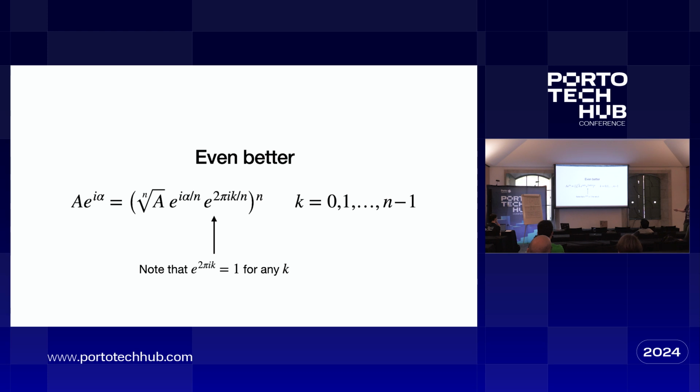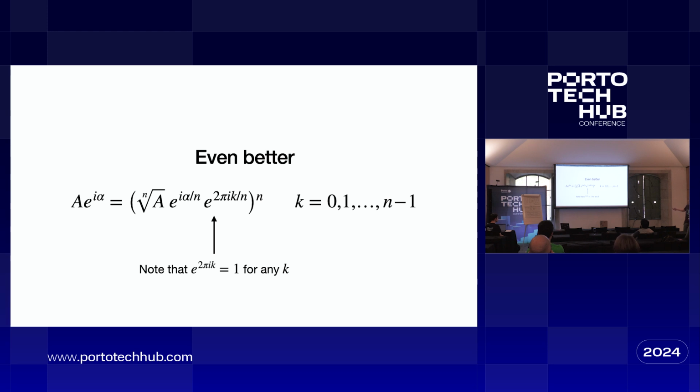This bit to the power of n is going to multiply this and cancel out the n here, so I'm going to be left with e to the I alpha.